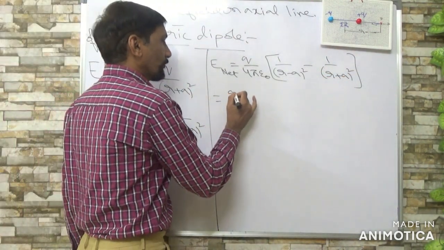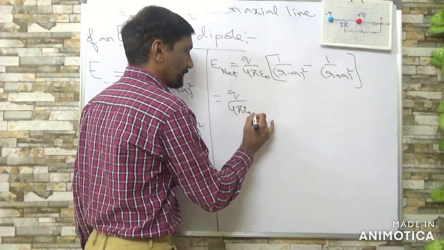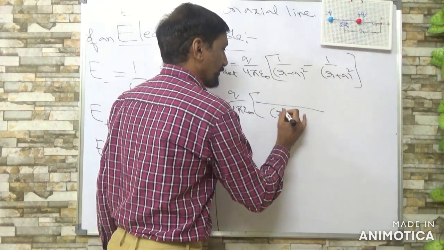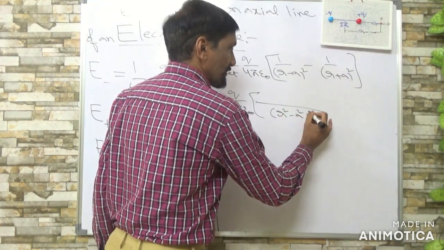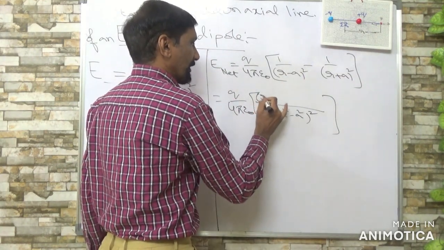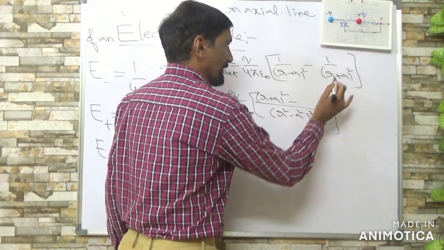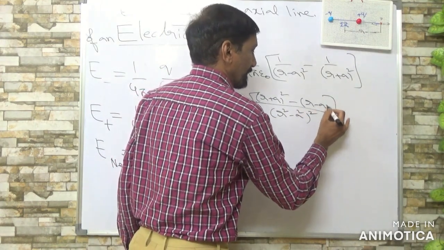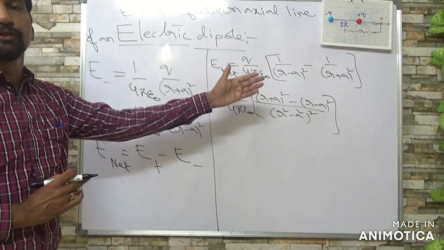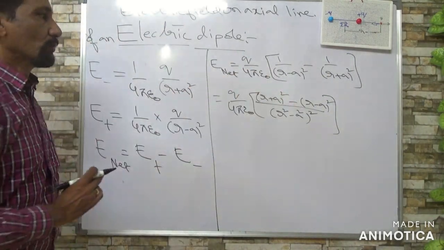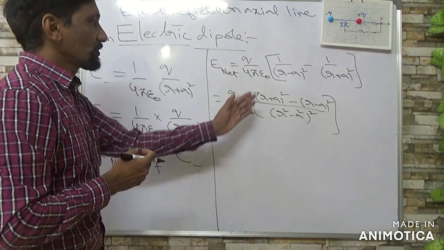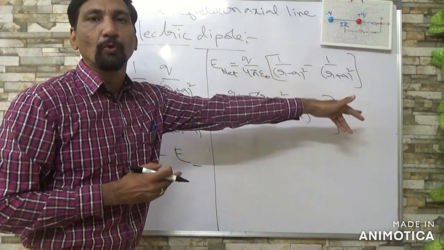Further, if you simplify, a square minus b square is (a minus b) into (a plus b), so you can write it as a square minus b square whole square. When you expand these two in the form of (a plus b) and (a minus b) whole square, r square and a square get cancelled, so you will get 2ab together 4ab.